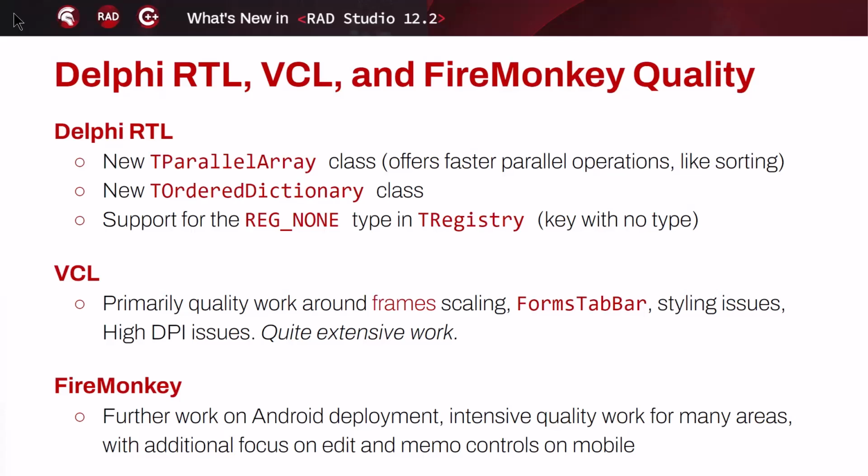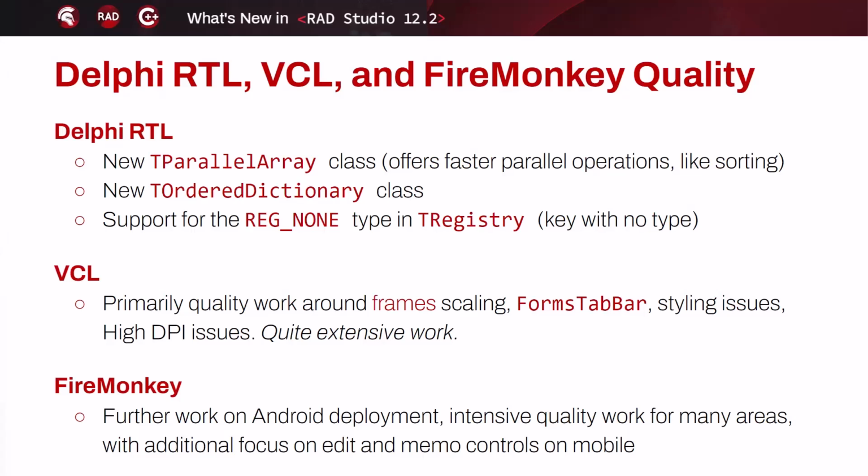For VCL, the main focus was on quality work around frame scaling, around the new forms tab bar component introduced in 12.0, styling issues, and high DPI issues. The work was quite extensive, and we're very happy with the outcome. Notice that some of these improvements also positively affect the IDE, which is using the VCL with styling and high DPI.